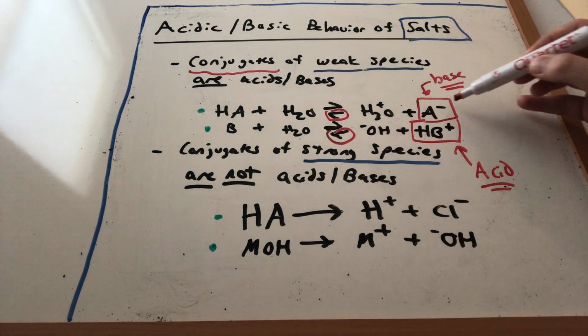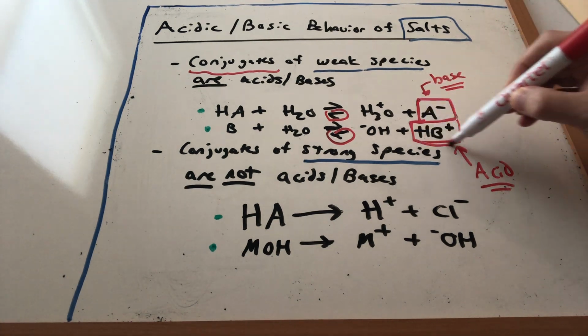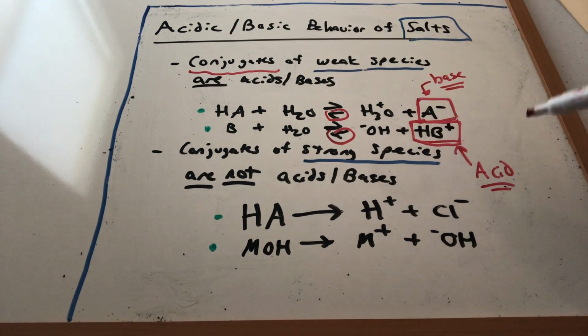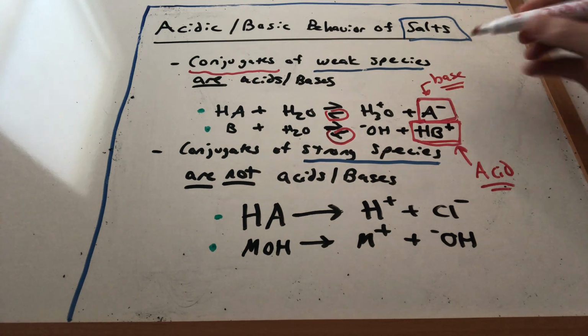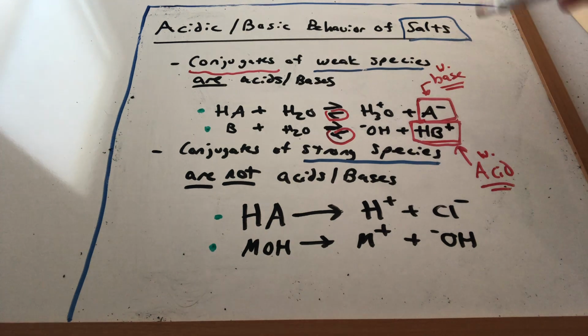What's a salt? It's a plus and a minus stuck together. When these show up in solution, they themselves are weak acids and bases. These conjugates of weak species are themselves weak species, and so we need to be able to talk about their chemistry and do ice table calculations with them.